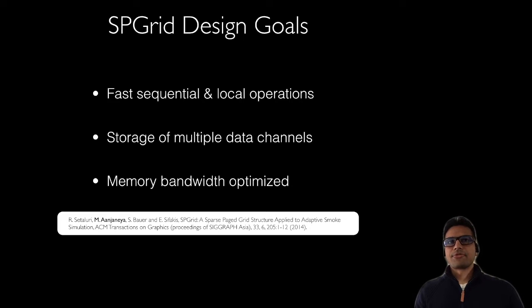I wanted the ability for fast sequential and local operations to speed up the advection phase of the fluid simulation pipeline. I wanted the ability to store multiple data channels that correspond to different physical variables, such as pressure, velocity, temperature, and so on. And I also wanted to maximize the use of the available memory bandwidth for maximum performance.